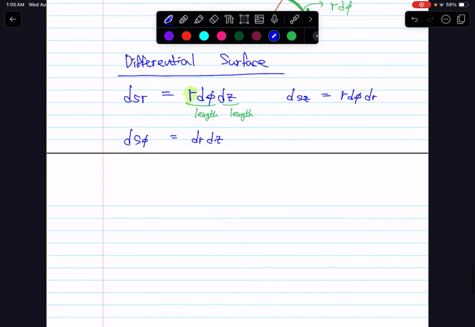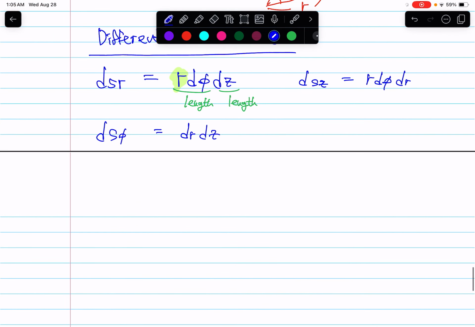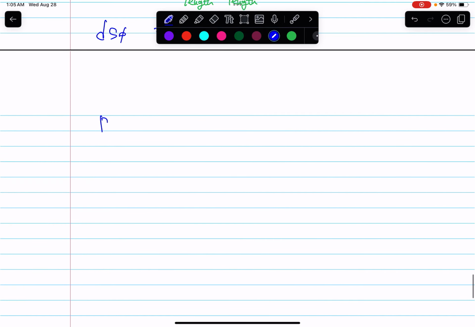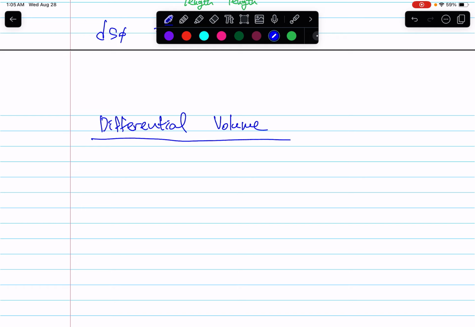And lastly, the differential voltage, I mean, not voltage, volume. dV is r d pi dr, right, and dz, right?